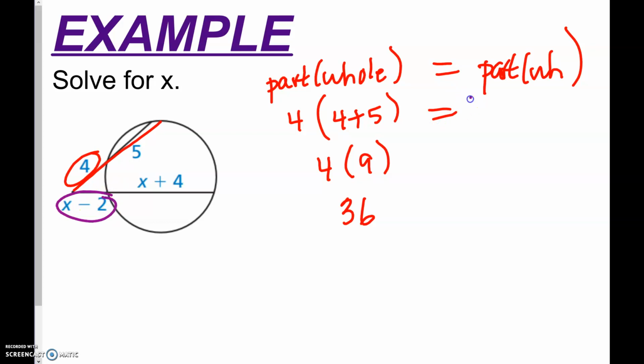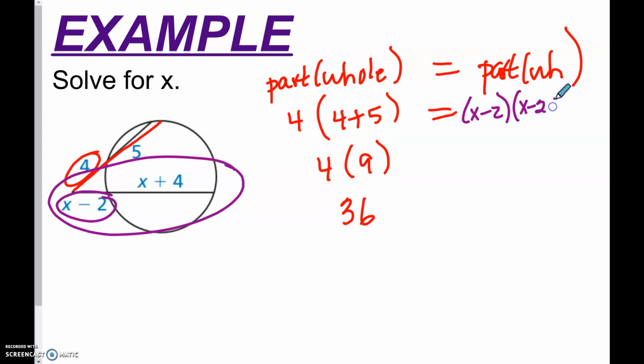Okay, so we're going to do part times whole. Part: x minus 2 times the whole thing. So when we do this whole thing, we have to say x minus 2 plus x plus 4. All right, so I'm going to clean up inside that second parentheses here first and do x plus x is 2x, and then negative 2 plus 4 is a positive 2. Now I'm going to do FOIL.